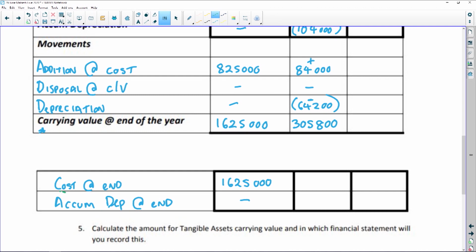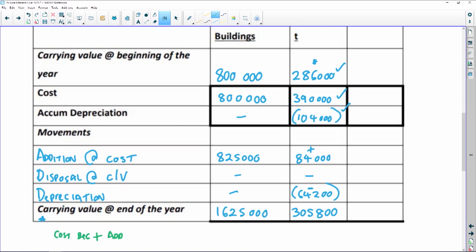Okay, right, then the last 2 lines, something else where you guys often make a mistake, so pay attention now. Cost at the end of the year. So I'm going to write my calculations above. So remember, I'm going to start off with cost at the beginning of the year plus any additions. At the beginning of the year, our equipment had a cost of 390,000. So let's take that through. So 390,000. And to that 390,000, I am now going to add only my additions.